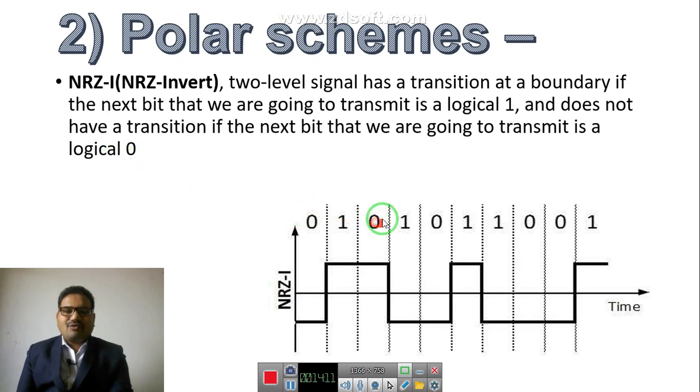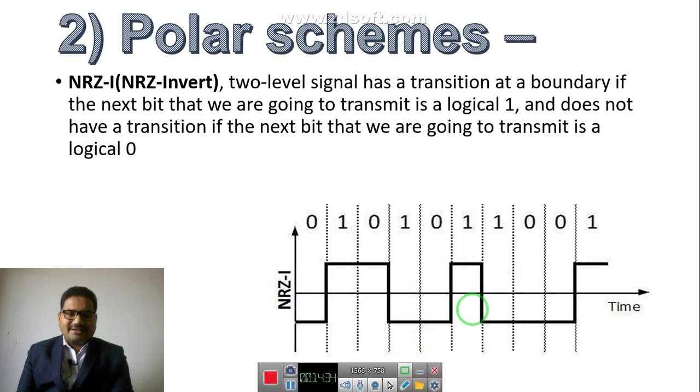So the next bit is 0, so it doesn't make any transition. But again the next bit is 1, so according to this rule it should have a transition. See, there is a transition. But the next bit is 0, so there is no transition.